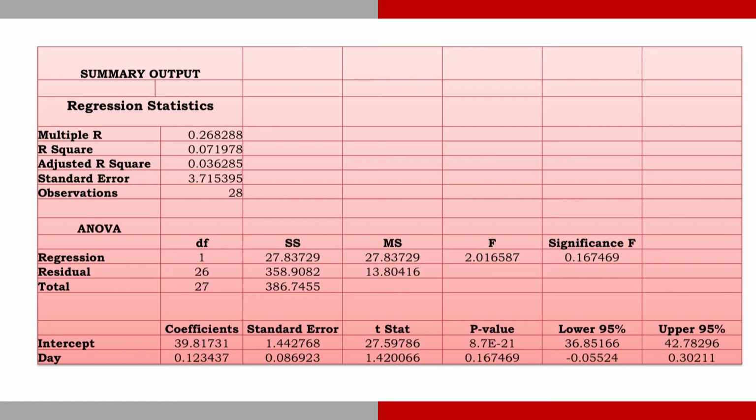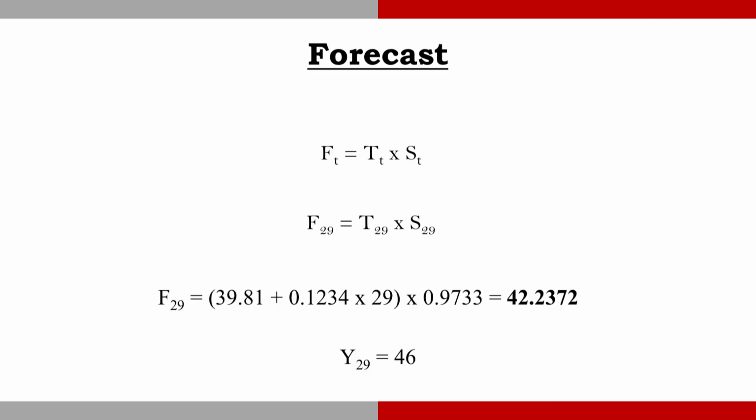Here I have the regression output. The intercept is 39.81 and the slope is 0.1234. So I can use this equation: my trend component is nothing but 39.81 plus 0.1234 times t. If I have to forecast, let us say, the 29th day, which is 2nd November, my Ft will be T29 times S29.